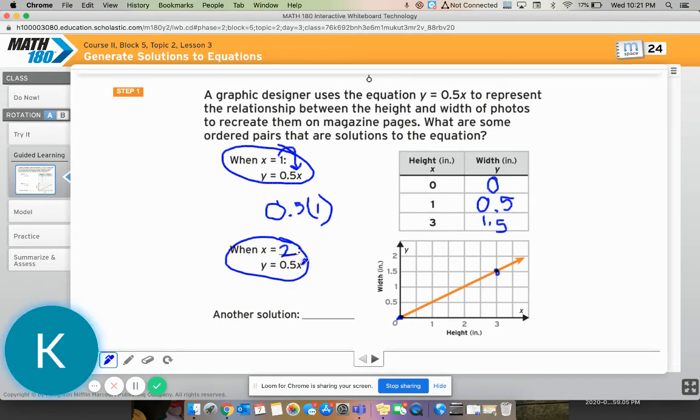If I take 2 and I substitute it into this problem, I have 0.5 times 2, and 0.5 times 2, hopefully you understand that that would be 1. So our solution here, our x value is 2, and our answer to the problem is 1.